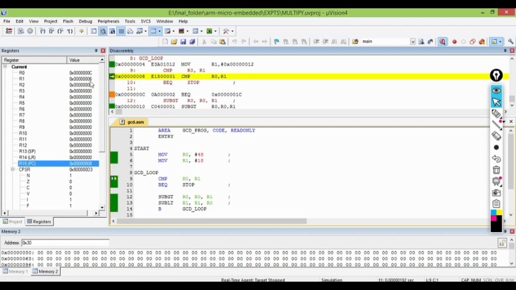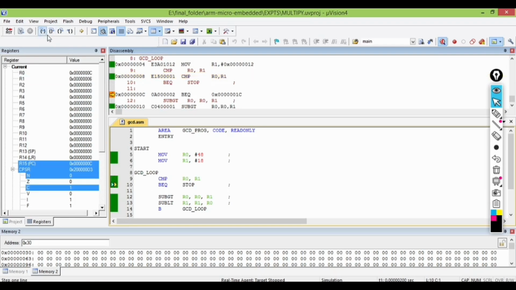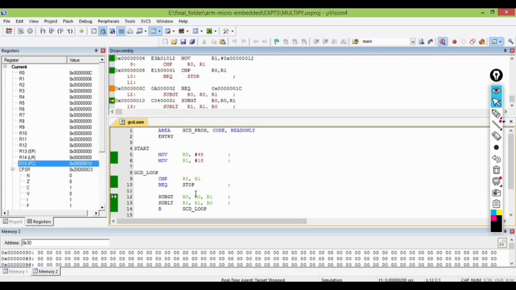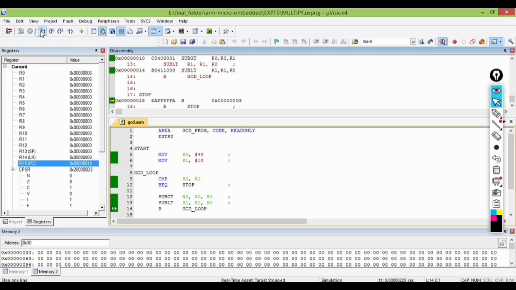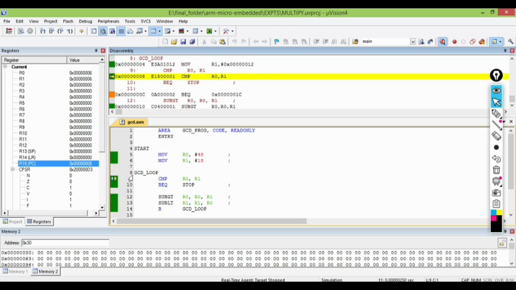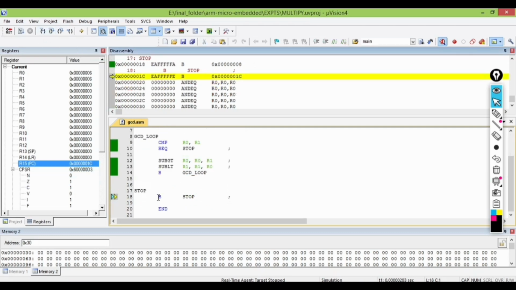When you compare, what you notice is that R0 is greater than R1. Again the result is not 0, so the very first subtraction occurs, and the next subtraction is ignored and we branch back here. Now when comparison is done, R0 and R1 are holding the same value, so we are branching to an infinite loop which is stop.